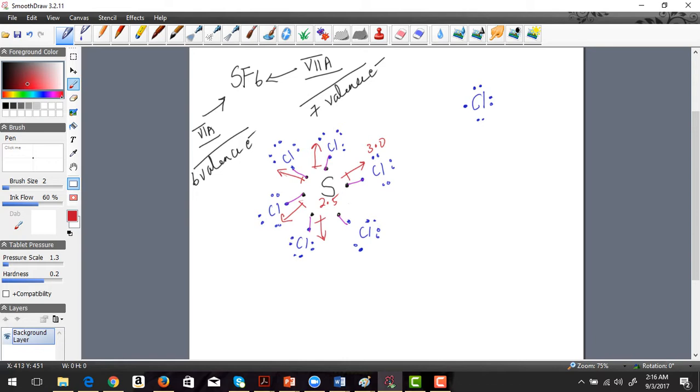Everything is expanding in its own direction. They would all cancel: this would cancel with that, that would cancel with this. Even if you don't want to do that, we have one central atom and 6 outer atoms, no lone pair on the sulfur itself. So that will be octahedral, and it is nonpolar as well. So despite the fact it has polar covalent bonds, the molecule itself is nonpolar.